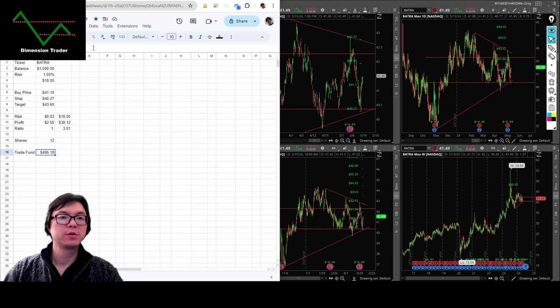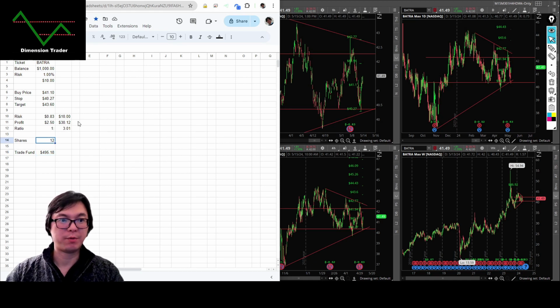So the total funds we need to set aside for the margin is shares times the price. So 495 is what is required to open 12 shares on this trade.